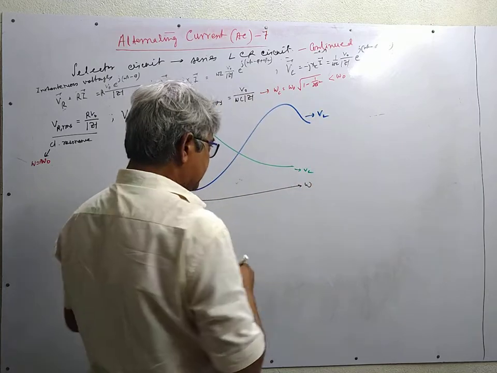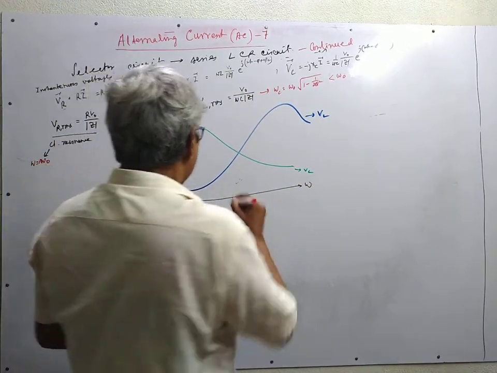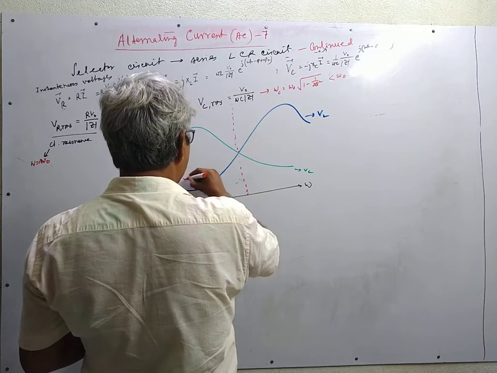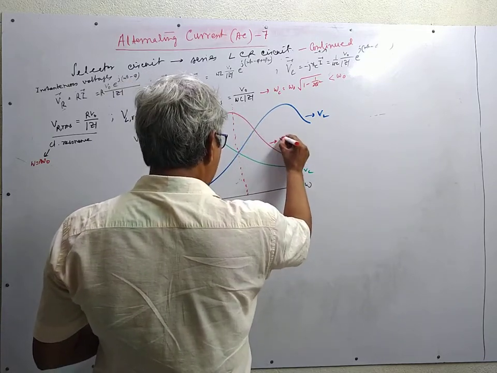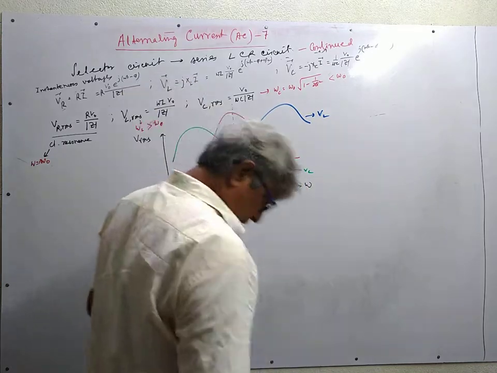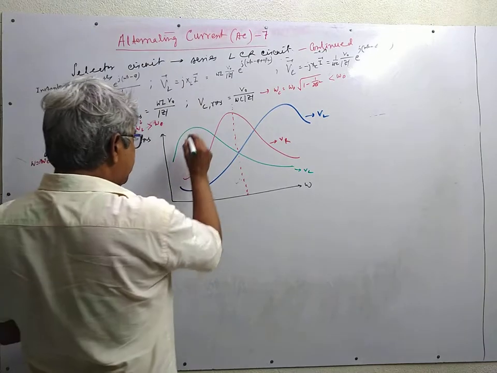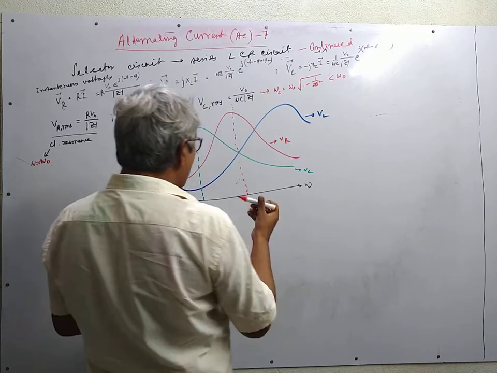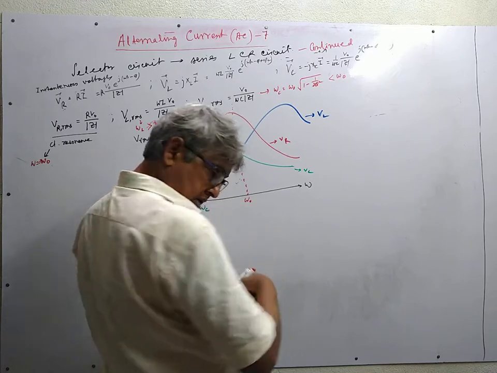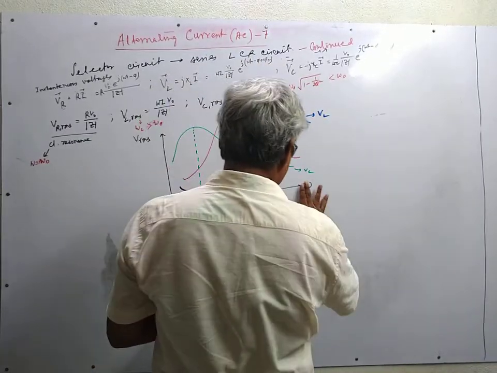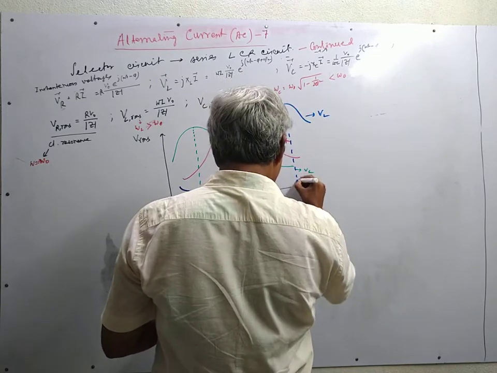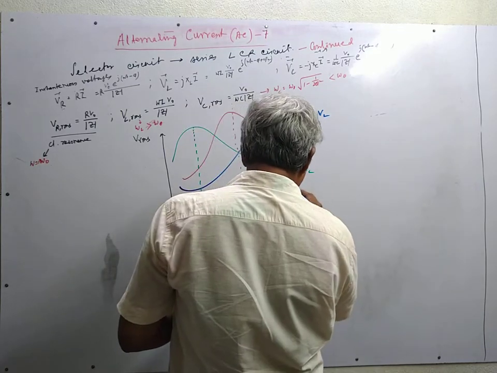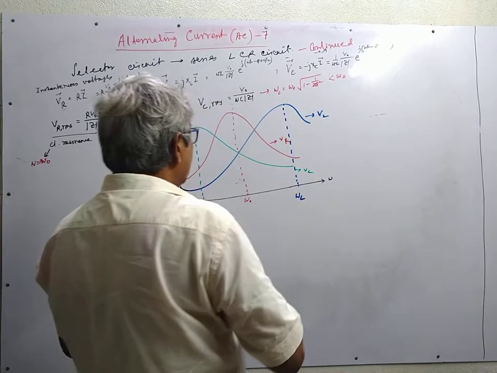VL, all are the RMS voltages. And this is VR, and this is the value where this maxima occurs, omega C. This maxima occurs at omega 0, and this maxima occurs at omega L. These are the graphs.